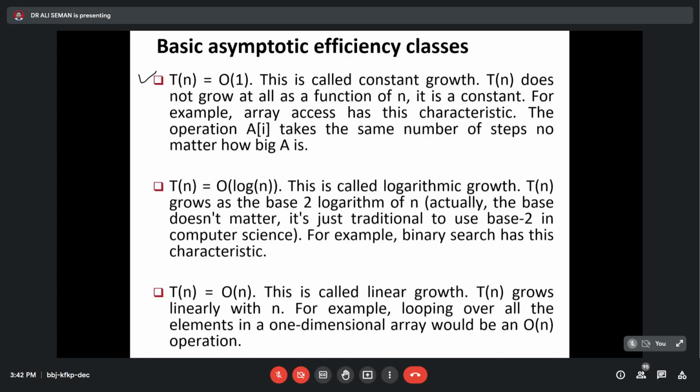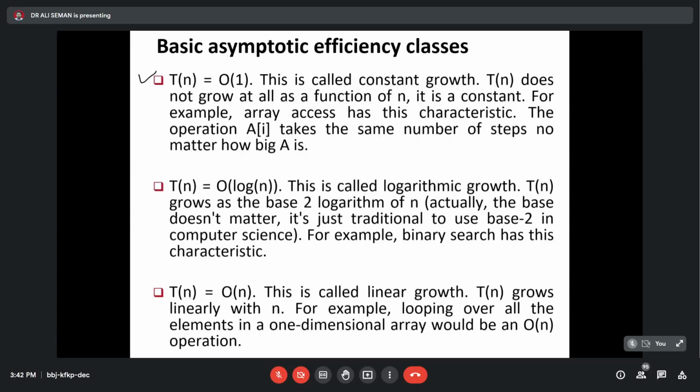T of n grows as the base 2 logarithm of n. Actually, the base doesn't matter. It is just natural to use base 2 in computer science. For example, binary search has this characteristic. So this is actually based on the log n function. After this, I will show the diagram so you can see it clearly. I just read this first, and after that, I will explain again.